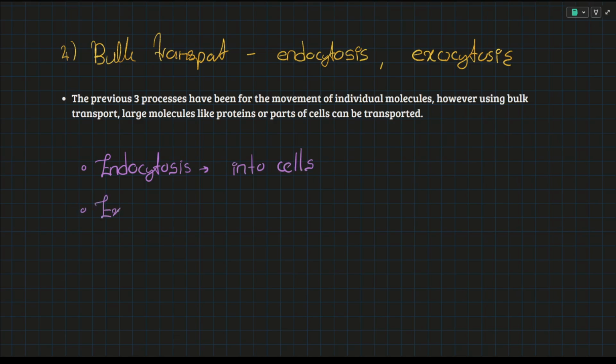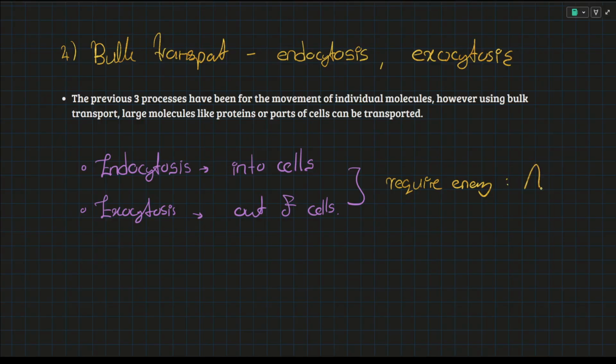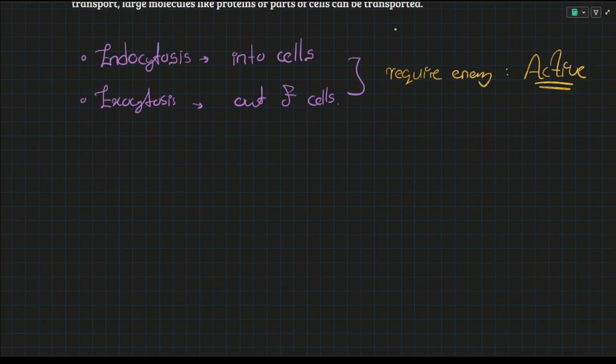On the same front, exocytosis means we're taking things out of cells. Okay? The key thing to understand is both of them require energy. Therefore, they are deemed as active forms of transport.